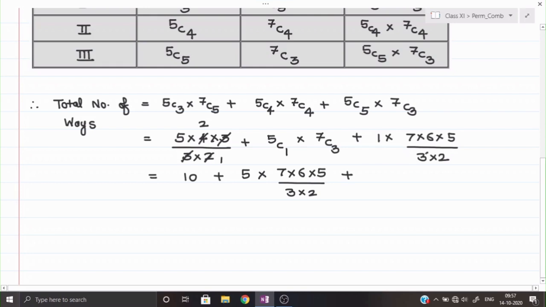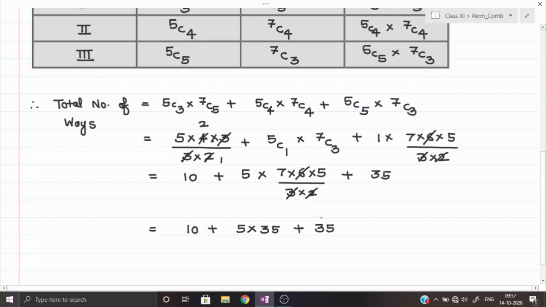Here 3 and 2 and 6 will be cancelled, so remaining is 35. And the same way here also 3 and 2 we can cancel and 6 will be cancelled. So now it will remain 10 plus 5 into 35, and then again 35 will remain.